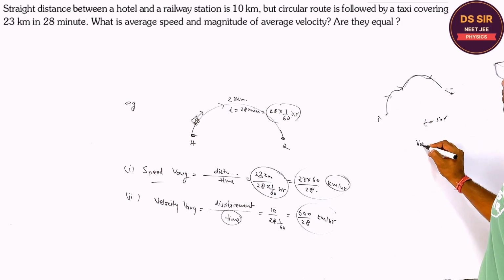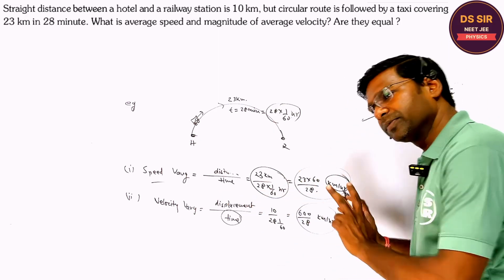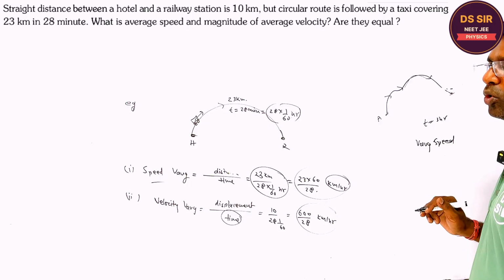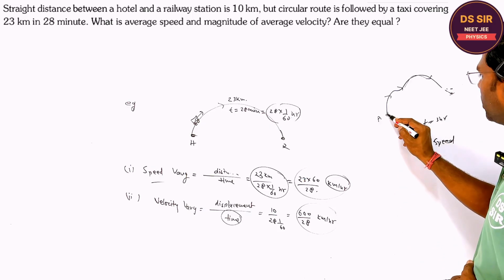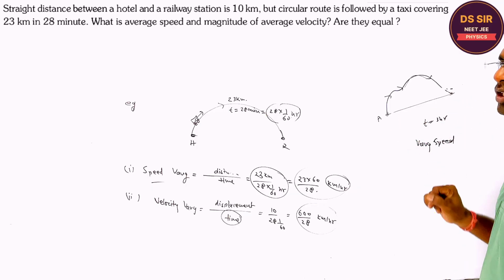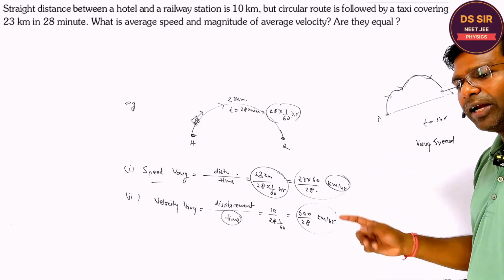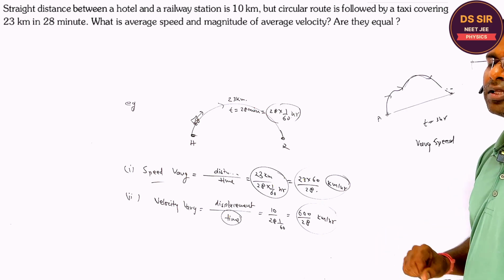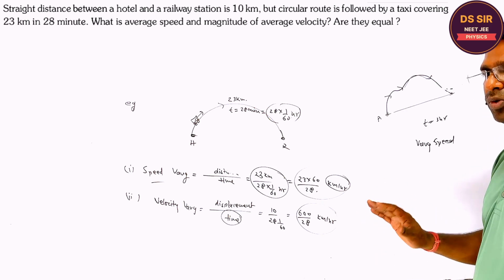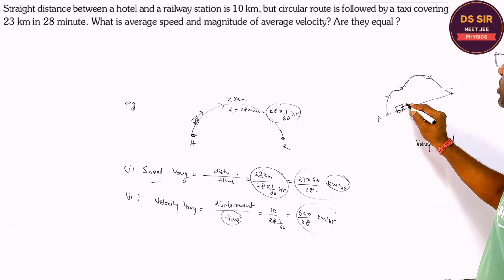So the average speed you may write in the same way: total distance upon total time. They also give the smallest distance, the line joining the initial and final position. They give the displacement and then they ask the average velocity. You understand or not? The car is not moving in this direction.